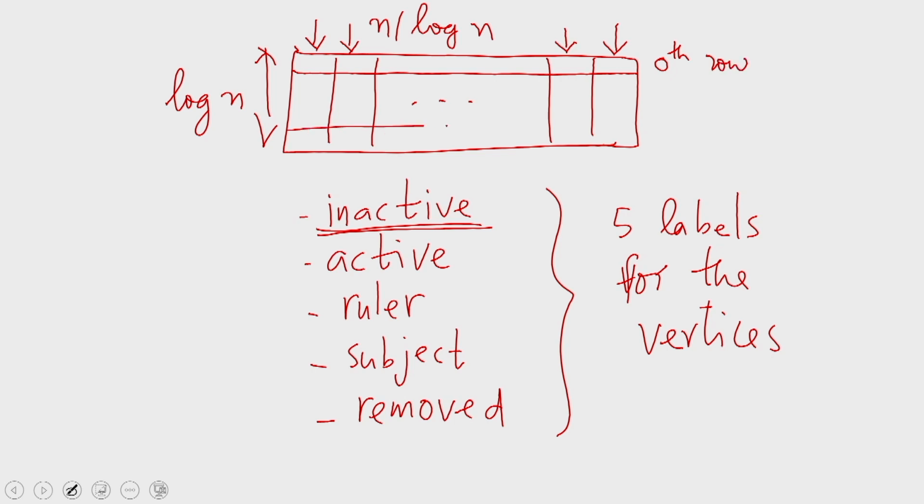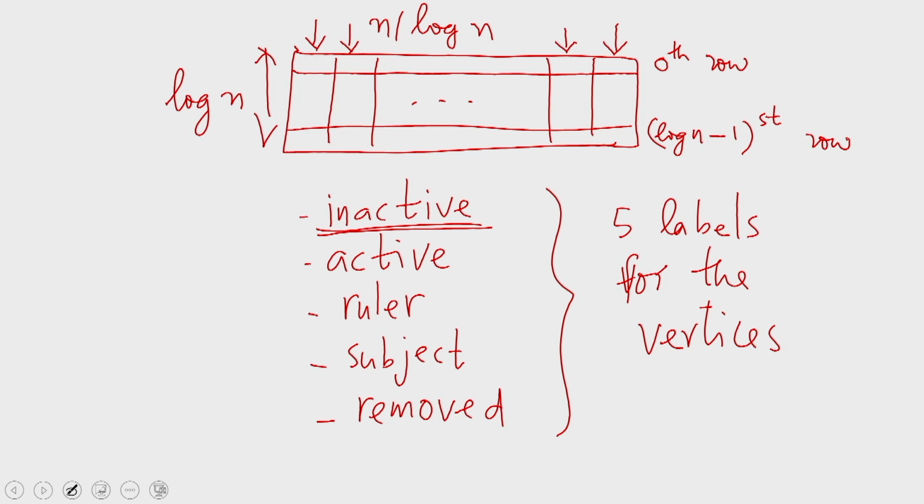Therefore, the final row will be numbered log n minus 1. The rows are numbered from 0 to log n minus 1. So, let us take all the processors and place them in the 0th row. The ith processor will occupy the ith column.